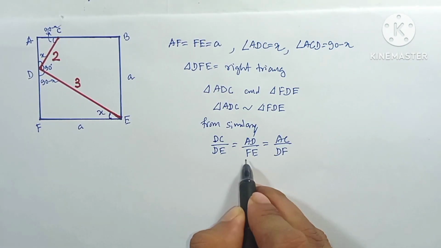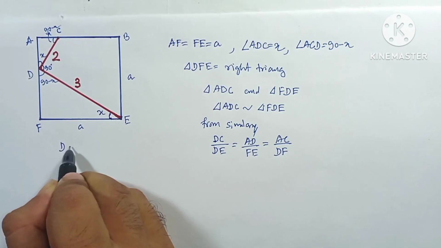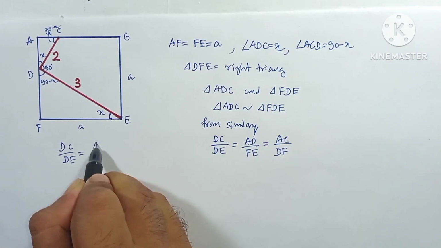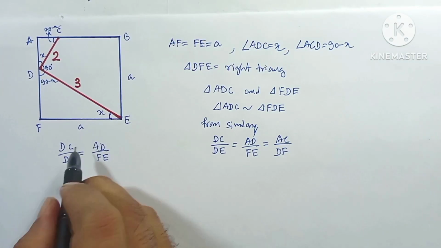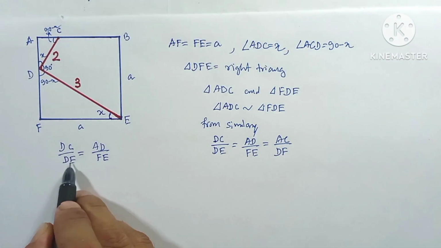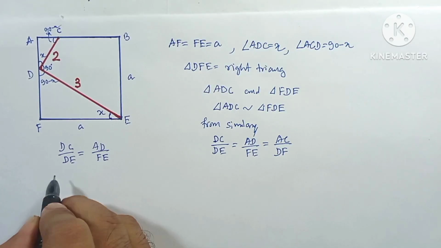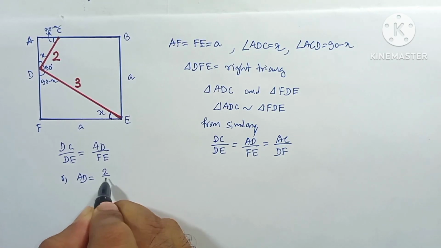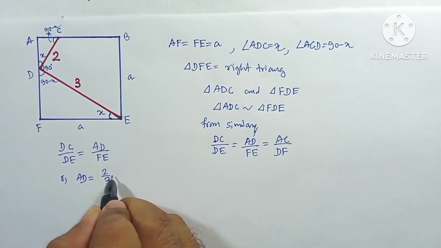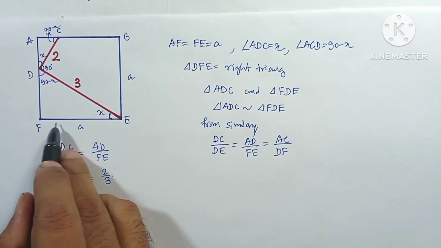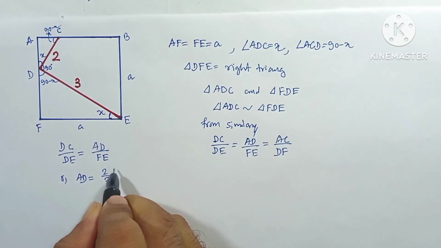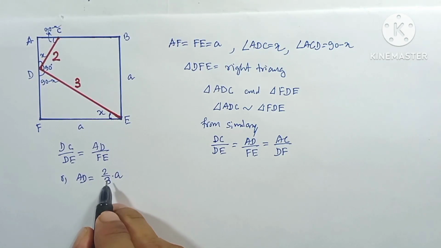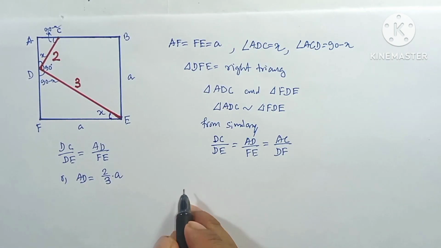So now take these two, DC over DE is equal to AD over FE, and we know that DC is 2 and DE is 3. So by simplifying we can write that AD is equal to 2 over 3 times FE, which is the side length of this square. So this is a. So AD is 2 by 3 times a.